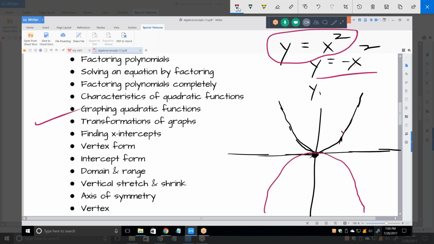So we see the first transformation where there's a negative coefficient in front of the x squared, and all that does is give you a reflection over the x-axis. Now, I don't want to ignore the reflection over the y-axis.